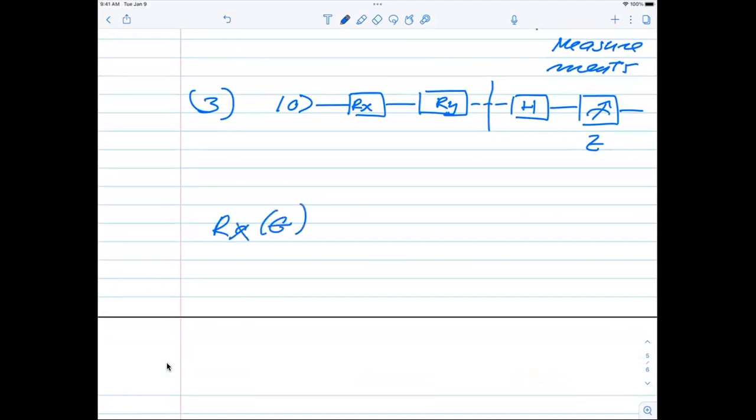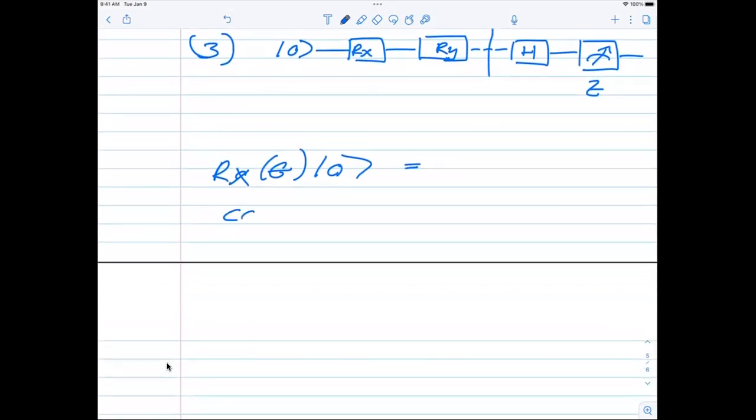So if you look at the Rx of theta acting on this computational basis state, we have a cosine of theta half with the identity matrix minus an i sine of theta half multiplied with the sigma x matrix, acting on 0.